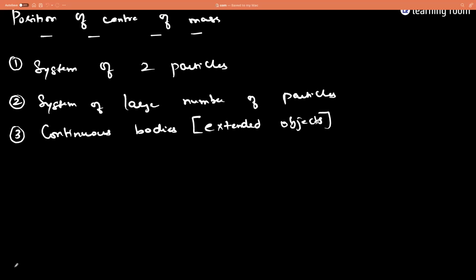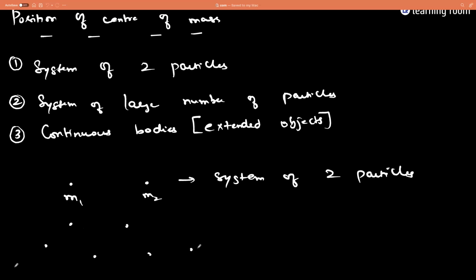Let me give you an example. When I say a system of two particles, I have two point masses present in the system. Let's say the two point masses are M1 and M2. This is called a system of two particles. Suppose I have a system like this: M1, M2, M3, M4, M5, and M6.